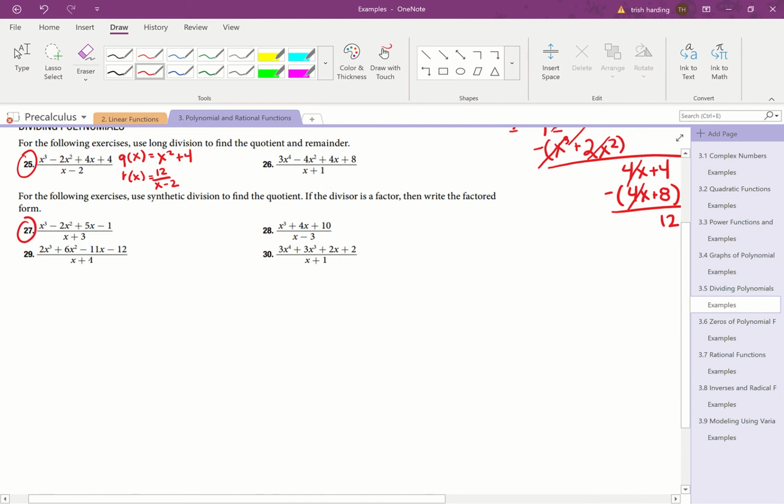So here we have 27. We are going to use synthetic division to find the quotient. If it ends up being a factor, then we need to write it in factored form. So this is number 27. Since it's x plus 3, we're going to be using negative 3. We're going to write our coefficients.